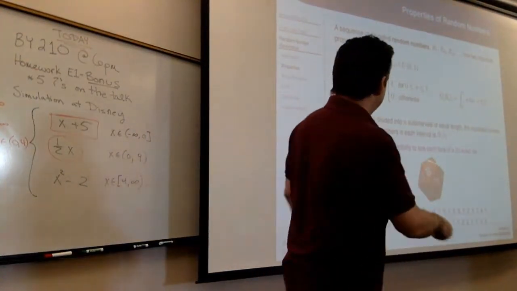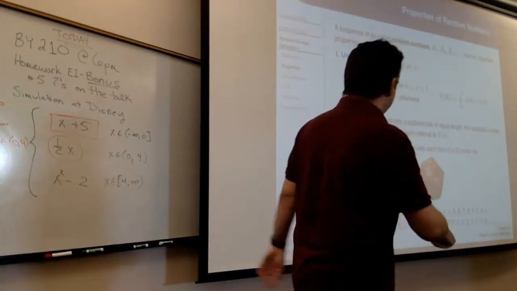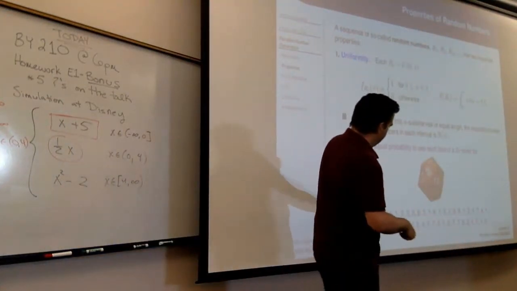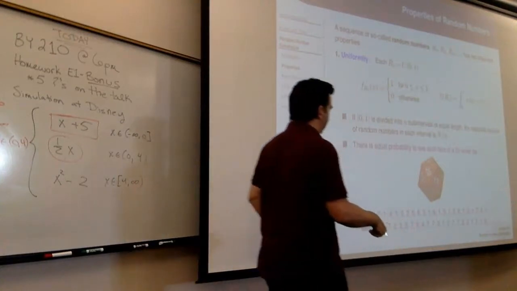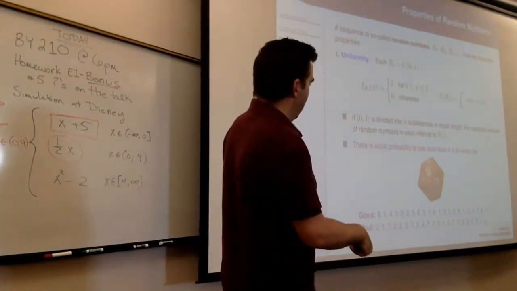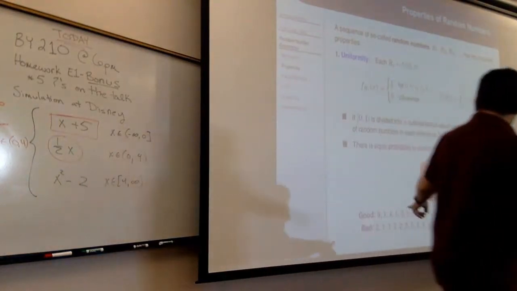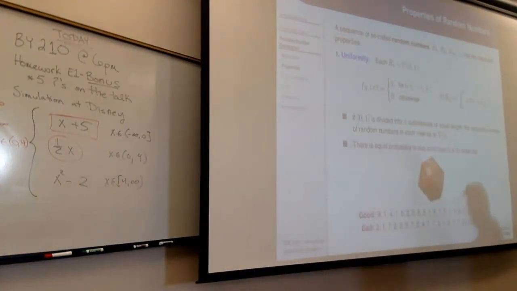So if I was to look at a 20-sided die, a good outcome might be this one here, which has a uniform distribution of outcomes, say from 0 to 20, but a bad outcome is down here. If I look closely at that, I see a lot of 7s: a 7, a 7, a 7, a 7, a 7, a 7, a lot of 2s, a couple of 1s, maybe a couple of 3s, a 4.